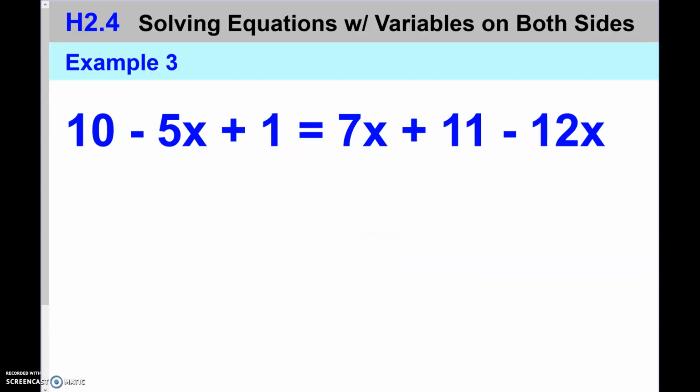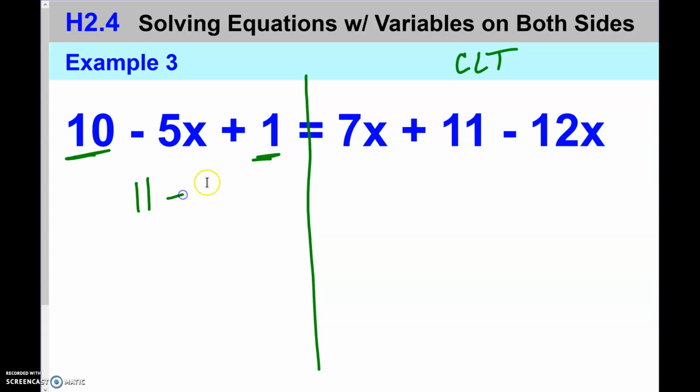All right, so we got a long one here to start with. Let me put my line right down the middle. All right, looks like I have some combining like terms that I can do on each side. So if you look, this 10 and this 1 are both on the same side of the equal sign. So what I'm going to do is combine like terms to simplify. 10 plus 1 is 11, and then we still have our minus 5x.